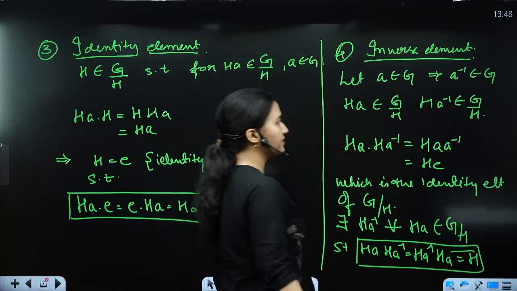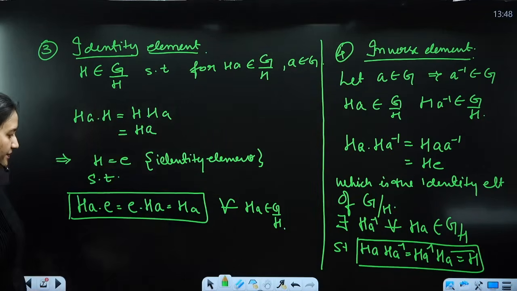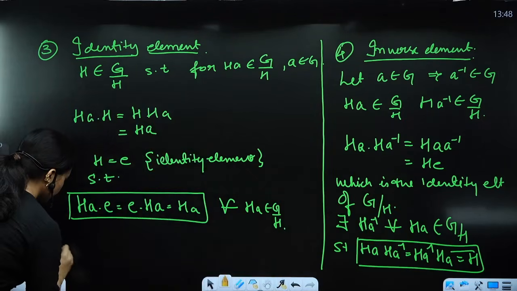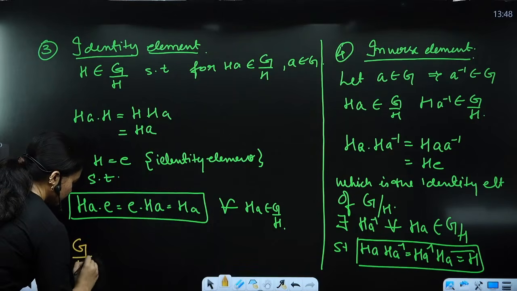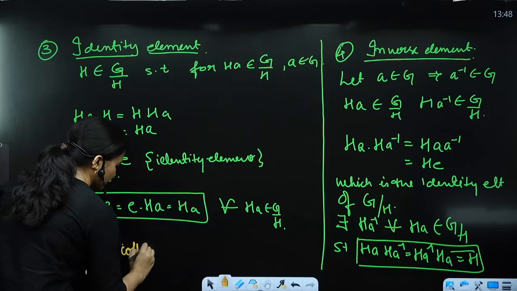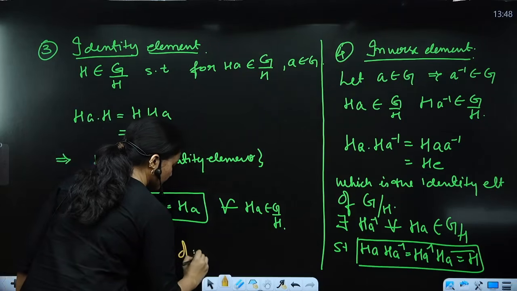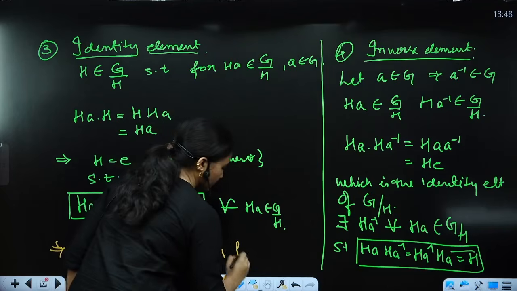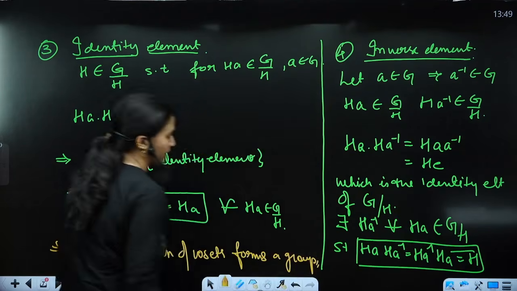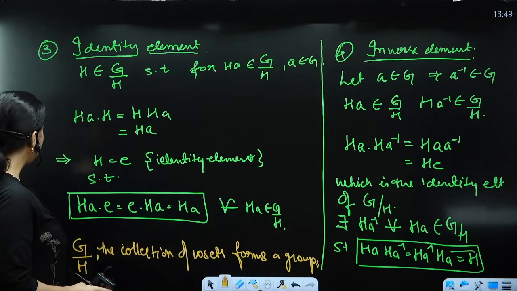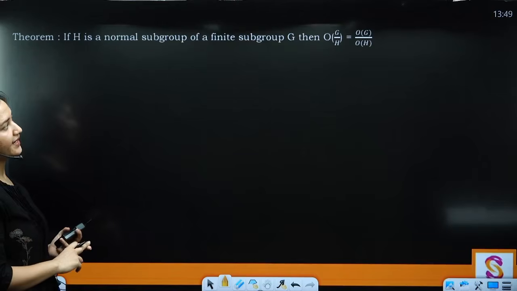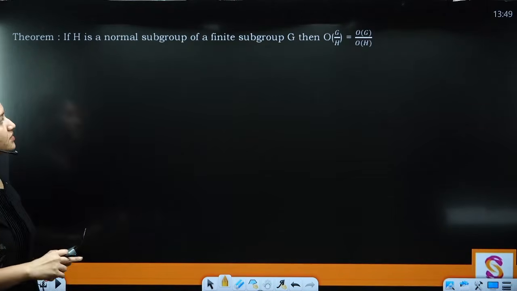So this implies that the inverse element also exists. यहाँ पे आप नीचे लिख सकते हो that quotient group forms a group, right?